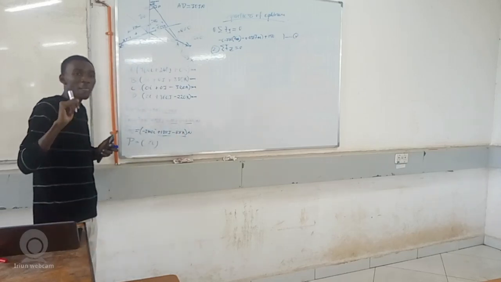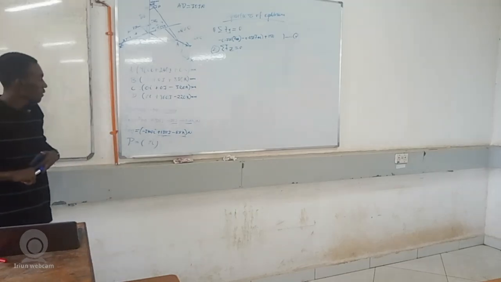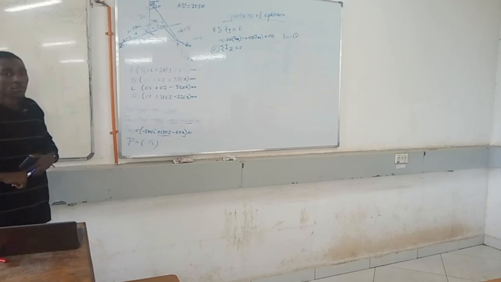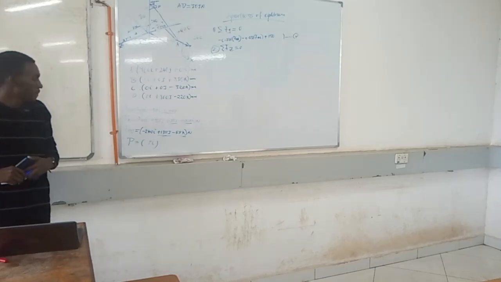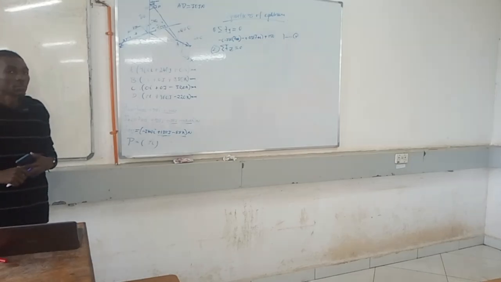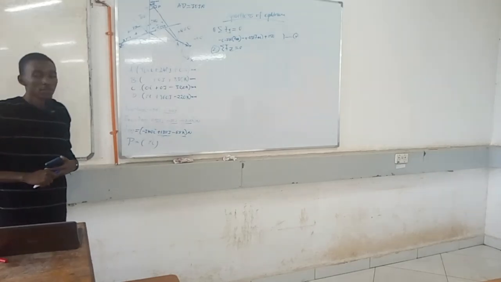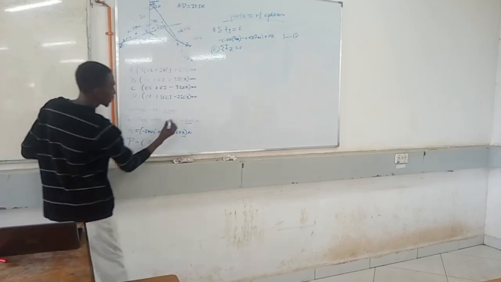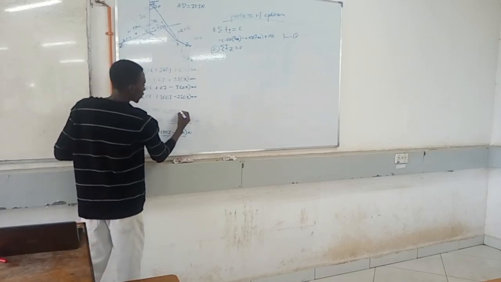Exactly. So what force was here? Under force AB, and this part, it was what?